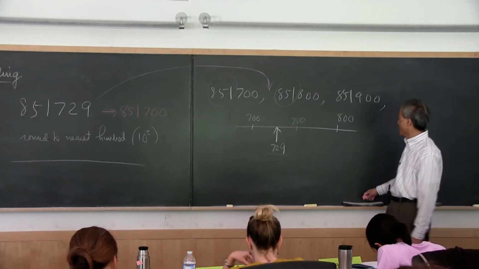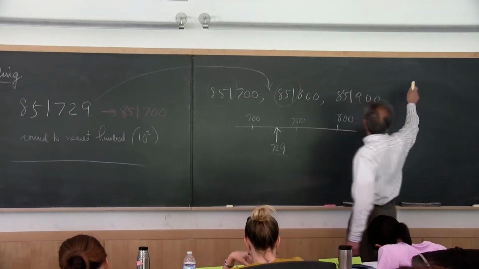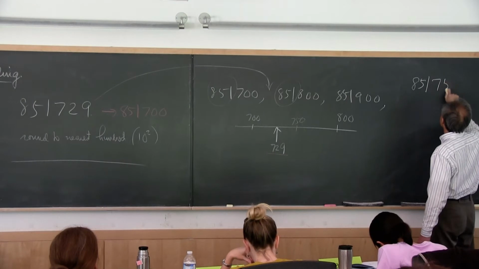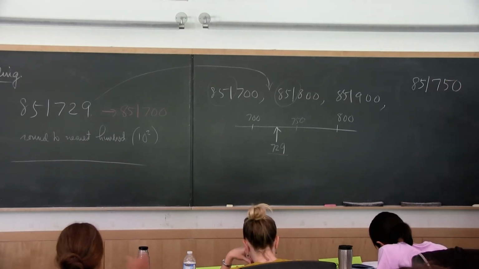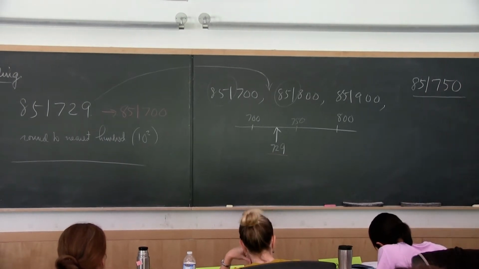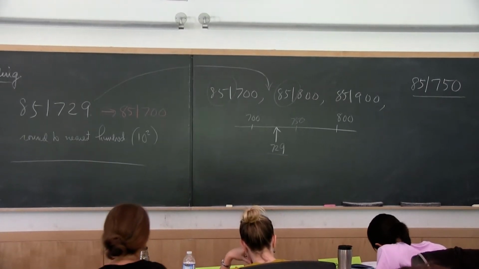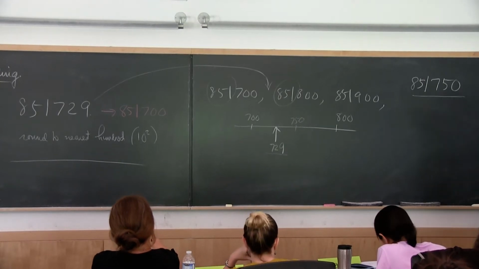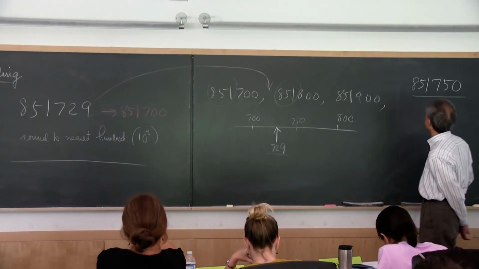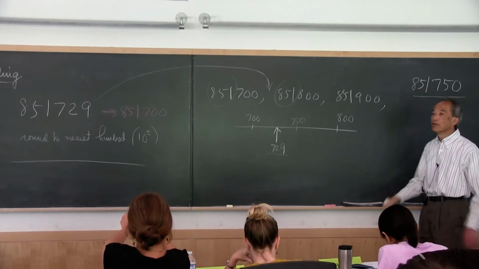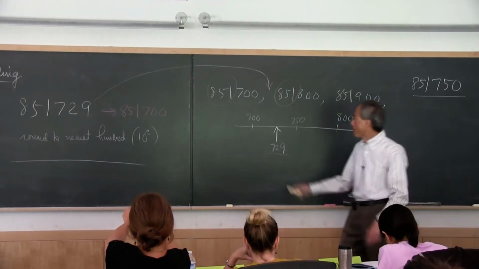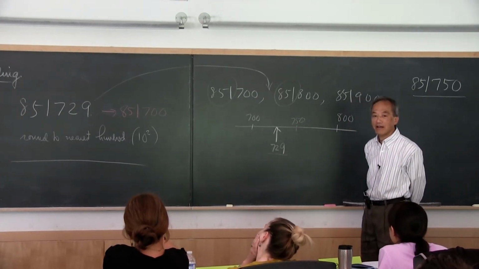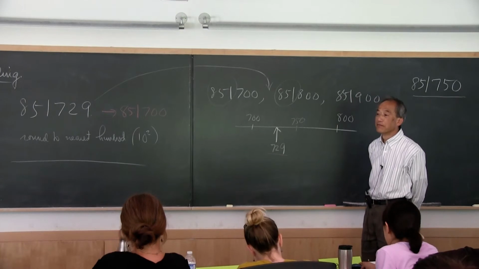Now suppose your number is 851,750. Then which multiple of 100 is closest to 851,750? Which one do you think it is? Equidistant, right? You have to make a decision.